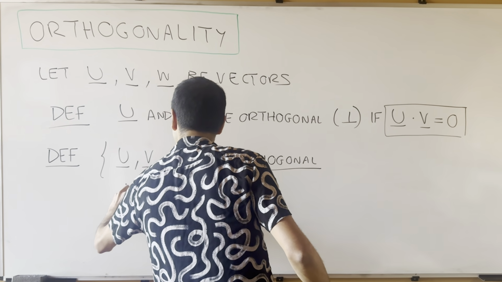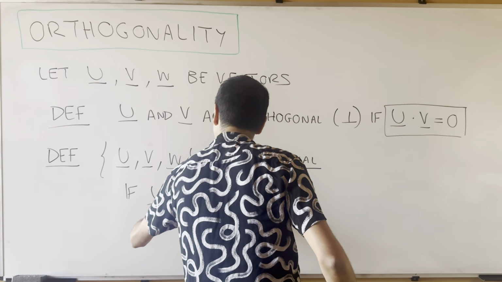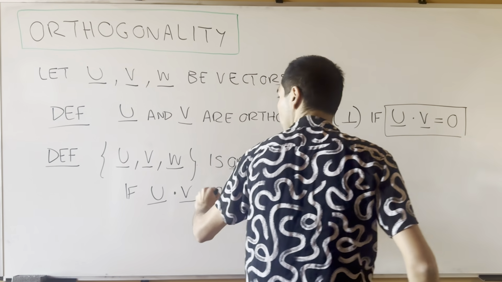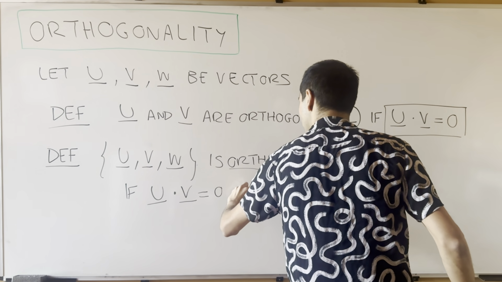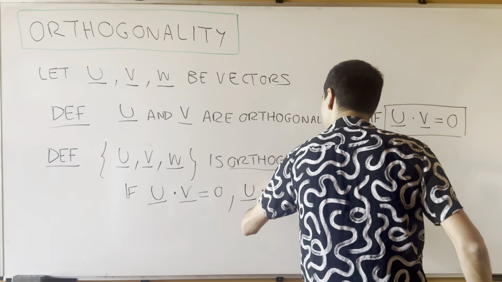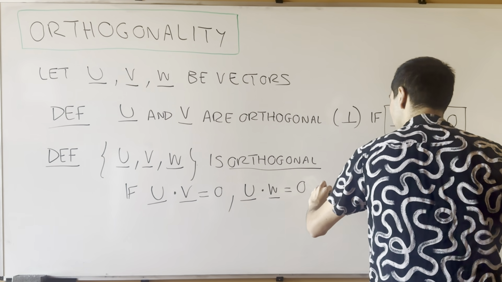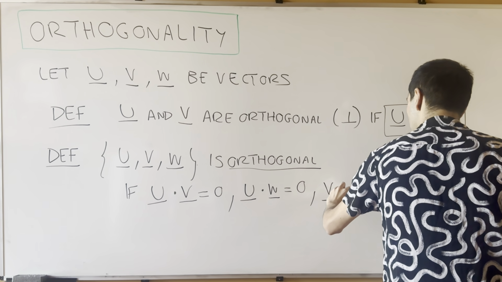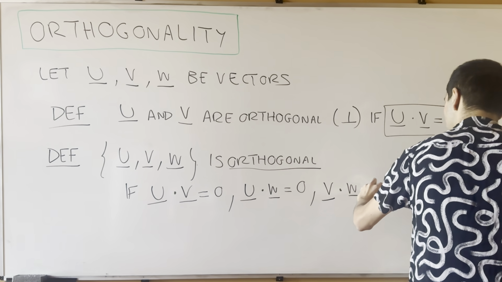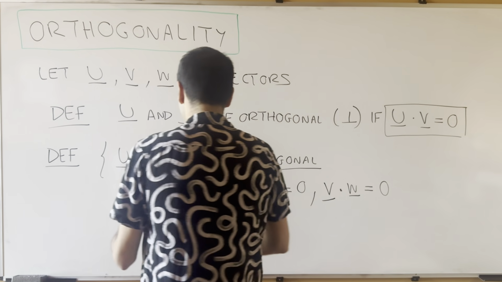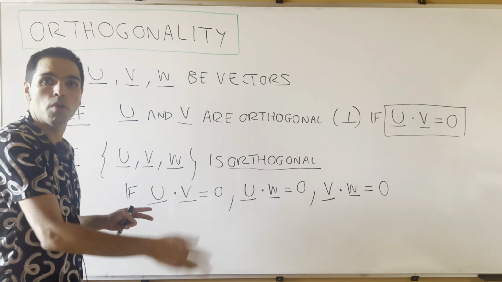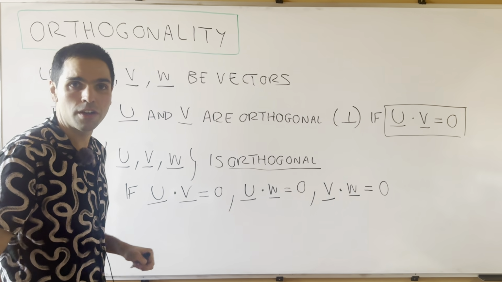So in other words, if u dotted with v is 0, u orthogonal to w, so u dotted with w is 0, and finally v dotted with w is 0. In other words, every vector is perpendicular to every other one.